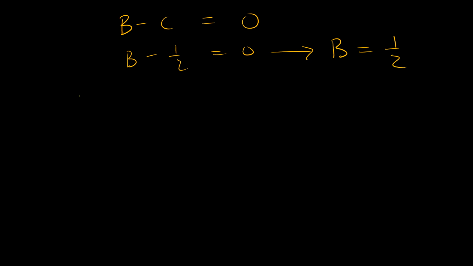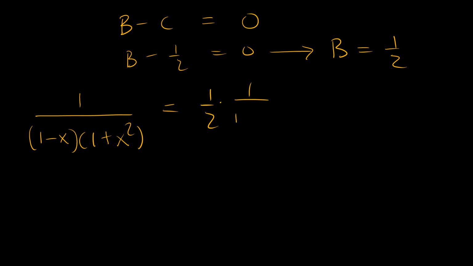So in other words, our fraction is the same as a half over 1 minus x plus a half times x plus 1 over 1 plus x squared.